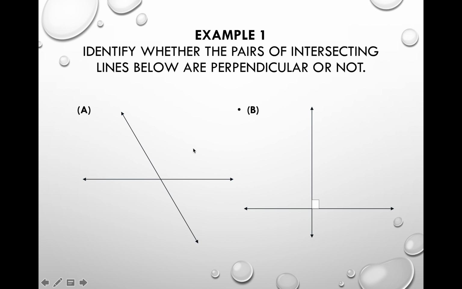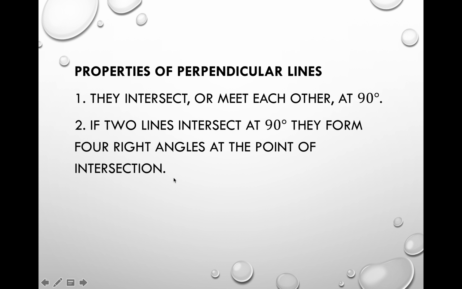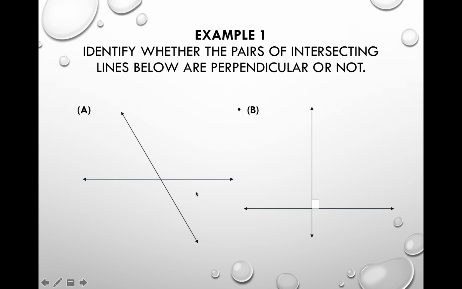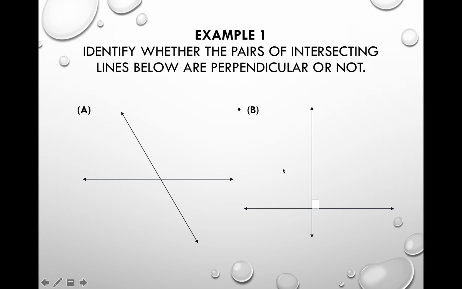So looking at AB, remember, in order for us to see if they are perpendicular lines, they have to meet at a 90-degree angle, and they should form 4 right angles if they are two lines. So looking at AB and CD, they are all lines, so we can look to see if they all have 90-degree angles.